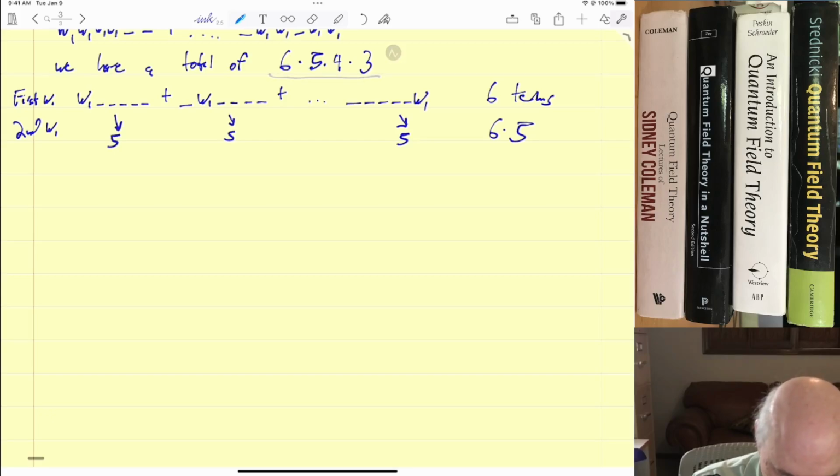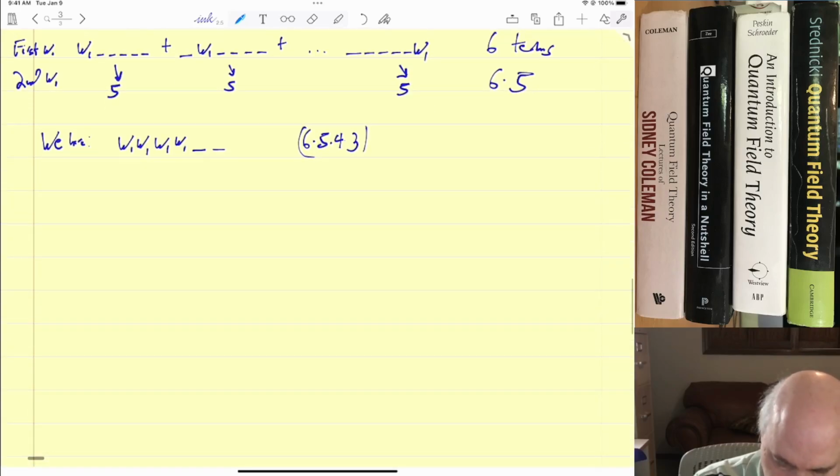So after we do the first, we have the generic term, which is just W1, W1, W1, W1, blank, blank. And we have 6 times 5 times 4 times 3 of them.